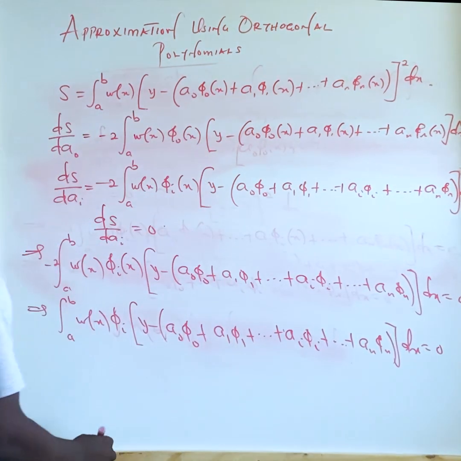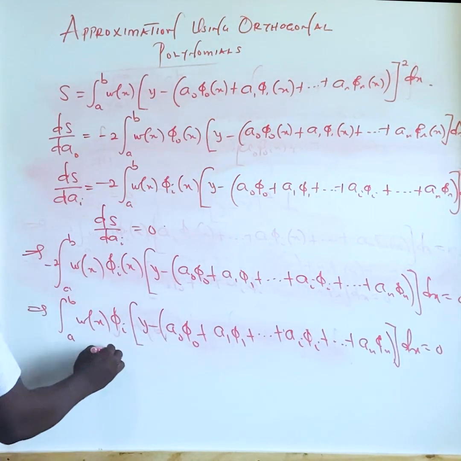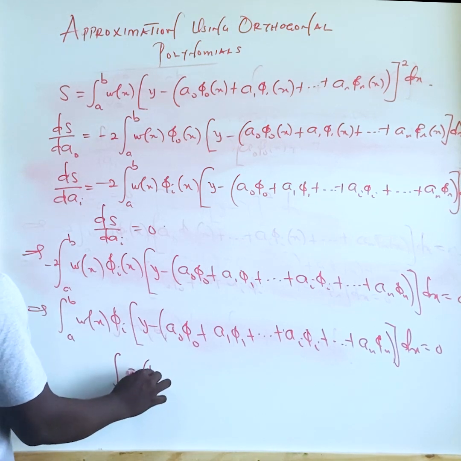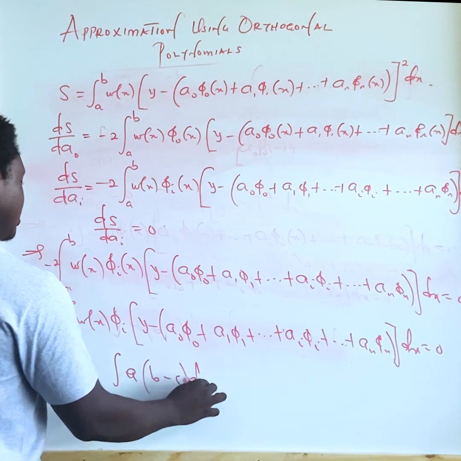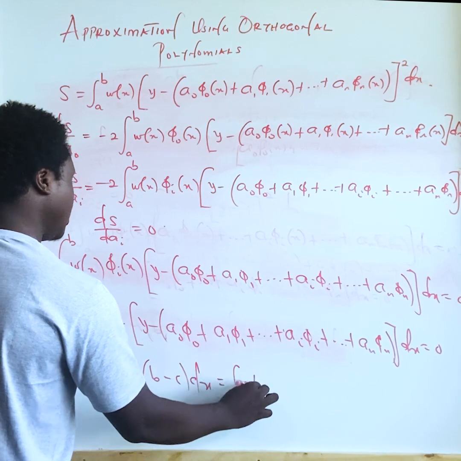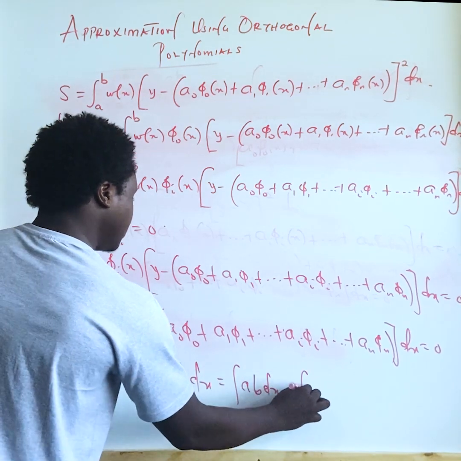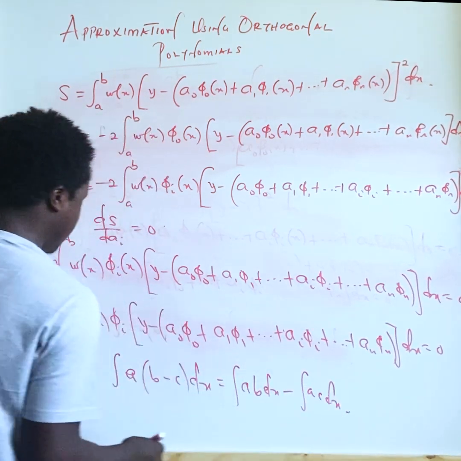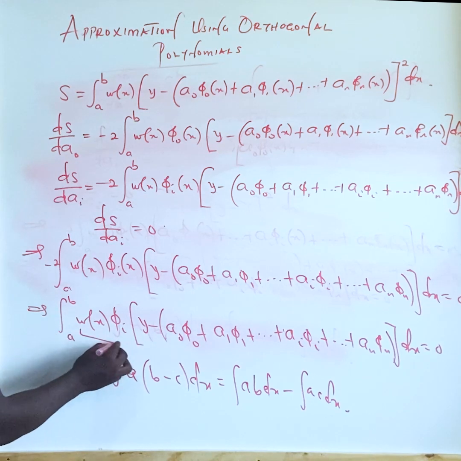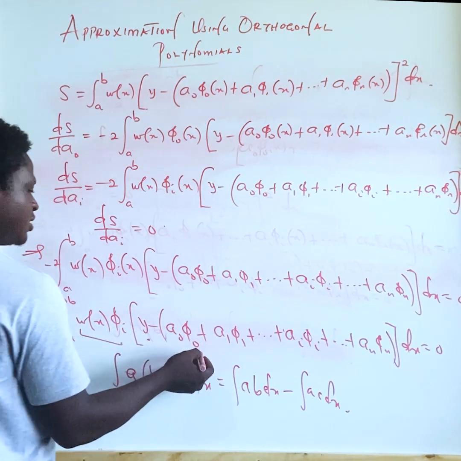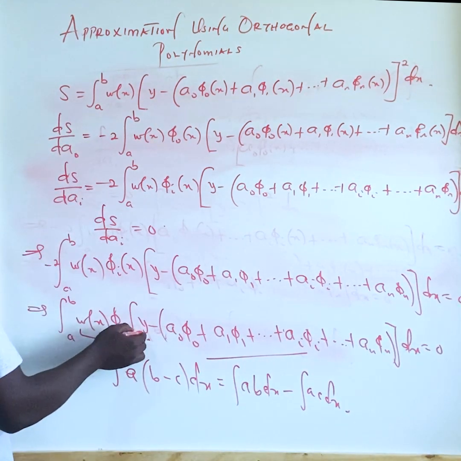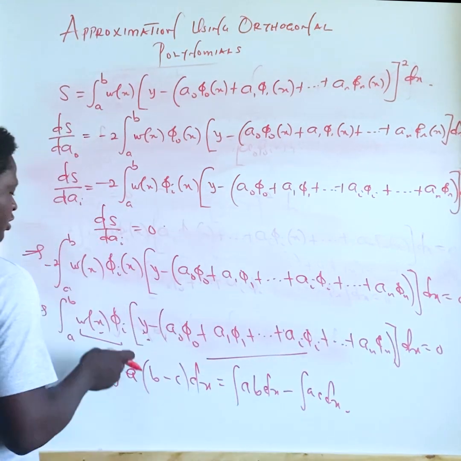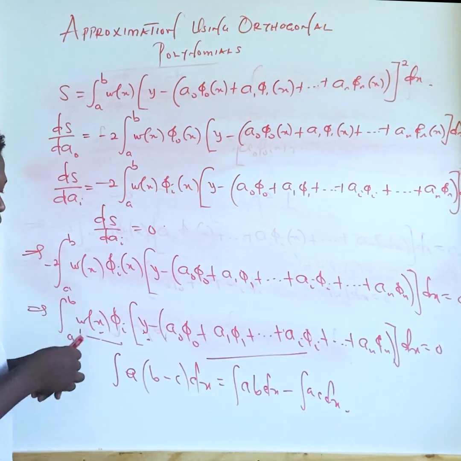Now remember, from our basic knowledge of integration, we know that integral a into b minus c dx is equal to integral ab dx minus integral ac dx. So here, if I'm saying this is my a, this is b, and this is c, then I can have ab dx minus ac dx.